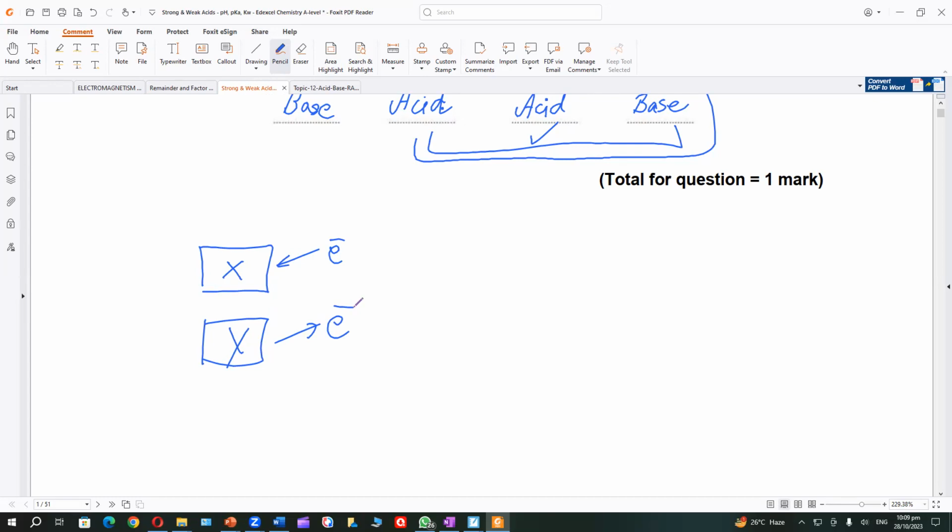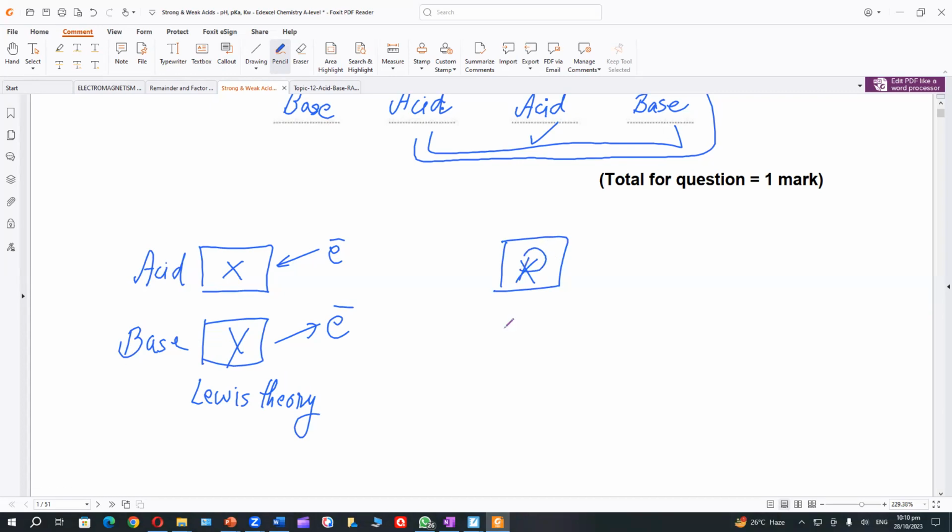All right, so who will be acid? And it will be a base. This theory is called Lewis theory.